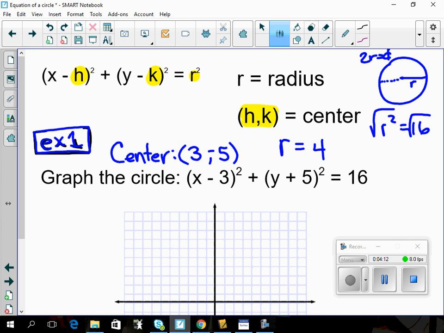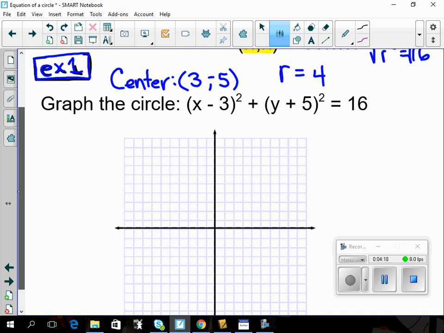So we can use our center and our radius to actually graph this. So what we'll do is we'll start graphing the center. What quadrant is the center in? Think back to algebra. Not the first. Remember our quadrants, 1, 2, 3, and 4. The 4th quadrant. Good.